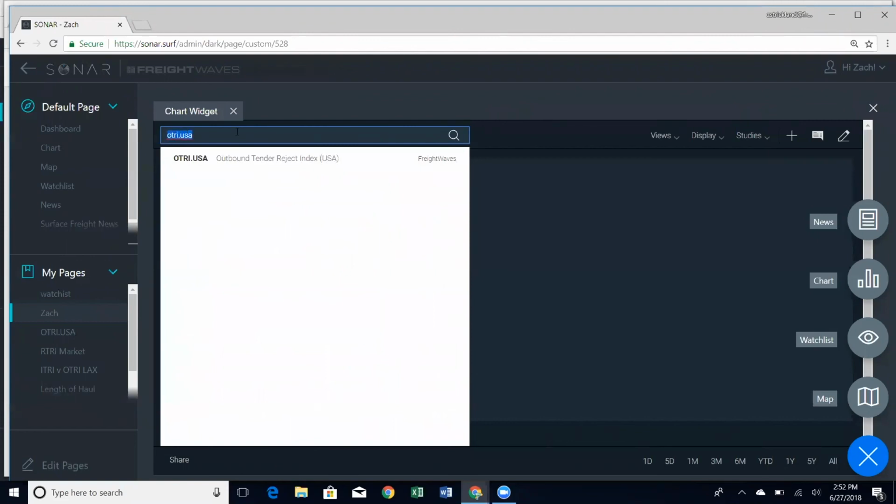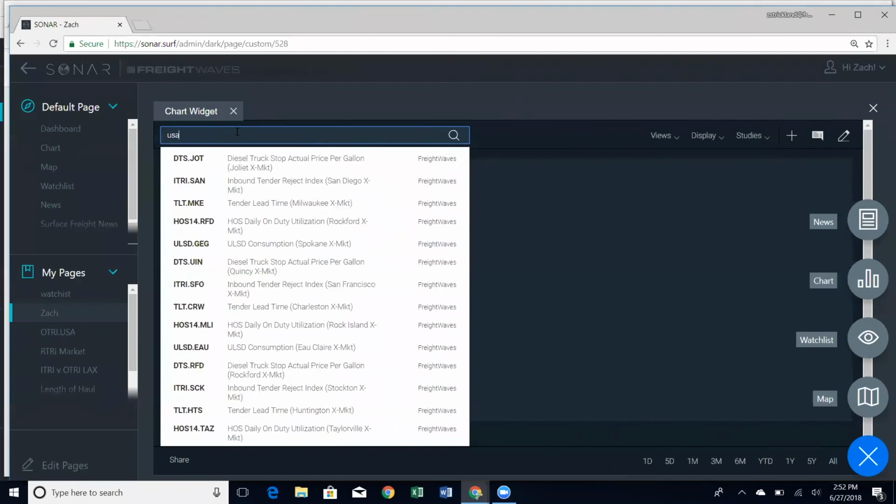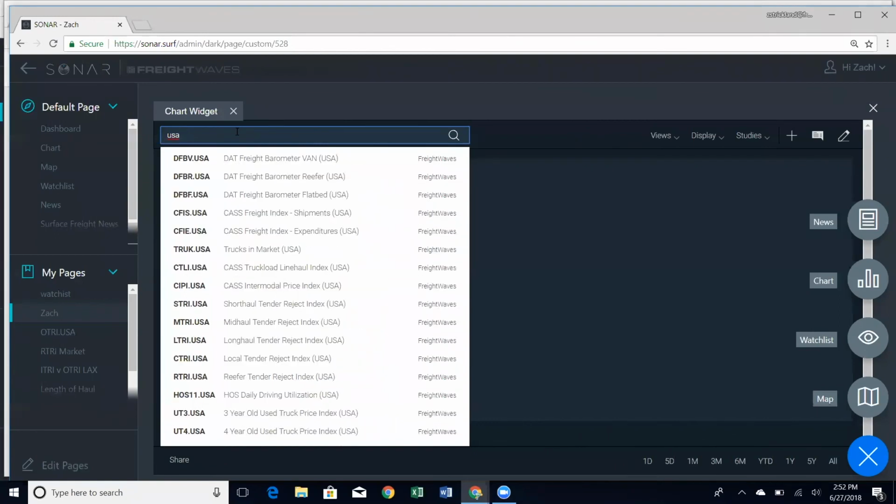One shortcut that I like to give our users when first navigating, and you're not very familiar with any of the acronyms that we have listed on this platform, is to just type in what you're looking for. So if I'm looking for USA overall data and I type in USA, I can view all of the data sets that are available for what I typed in.